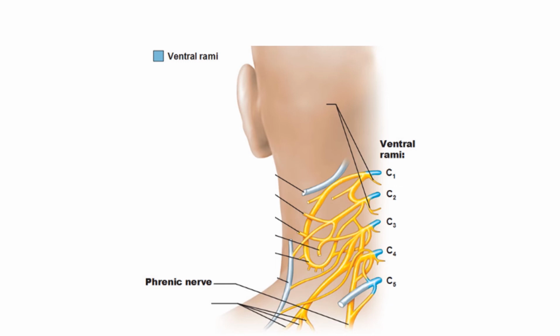The ventral ramus is going to turn around the body wall, and the target organs are many. Therefore, the ventral ramus is much larger than the dorsal ramus.